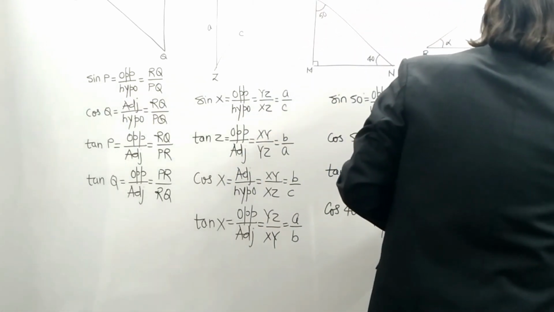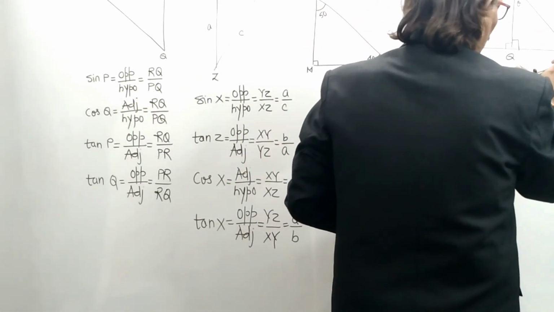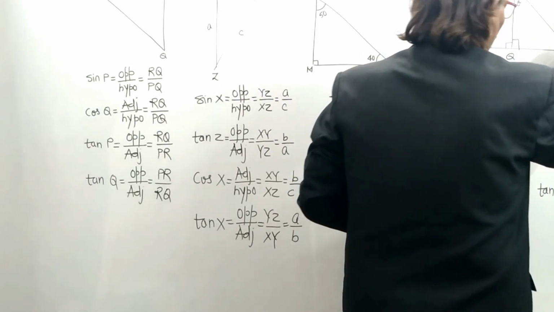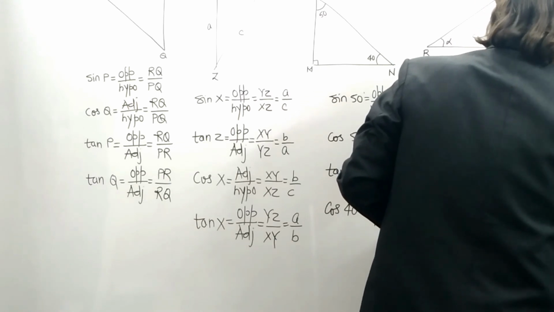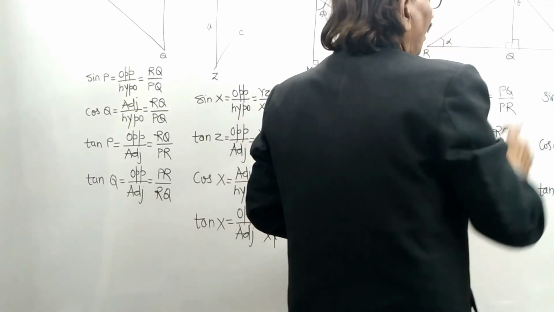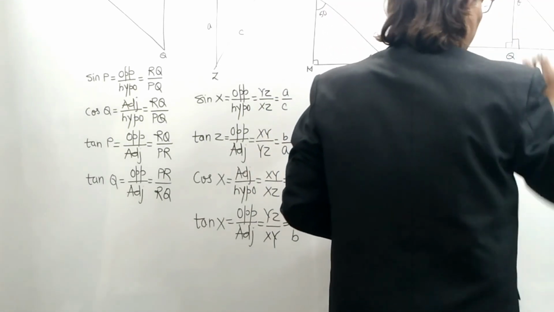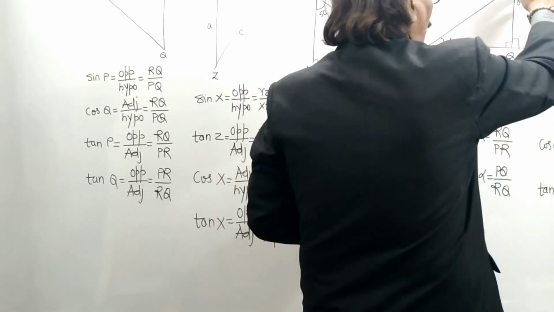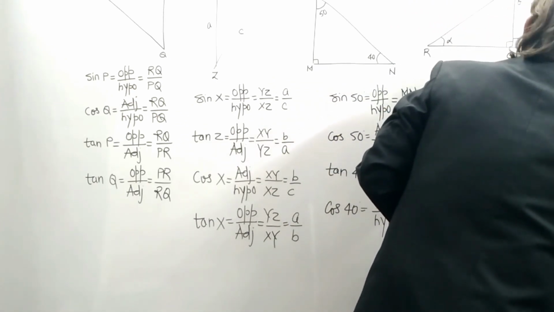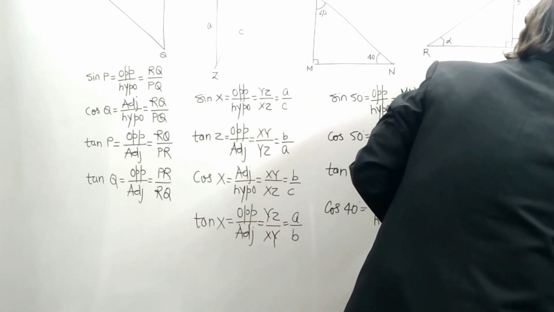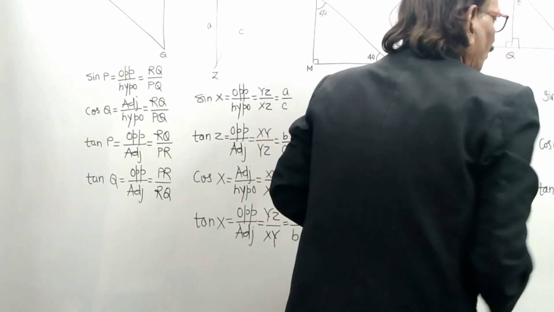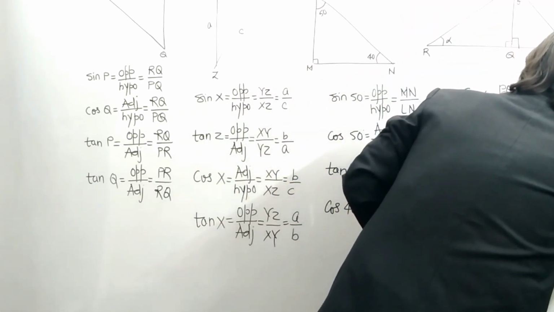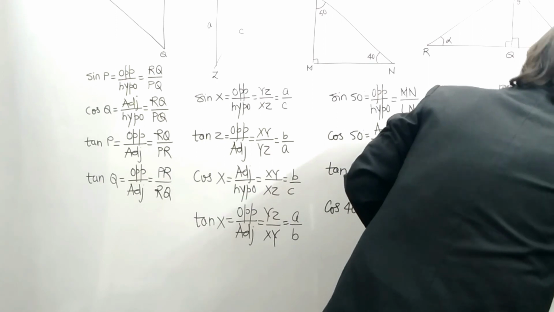Sin theta is equal to opposite, that is QS, upon hypotenuse, that is PS. Cos theta, adjacent PQ upon hypotenuse, that is PS. At the end you can just write down tan theta is equal to QS upon PQ.